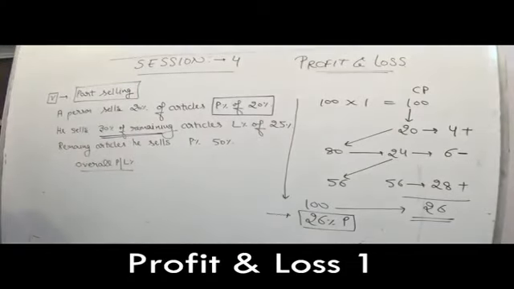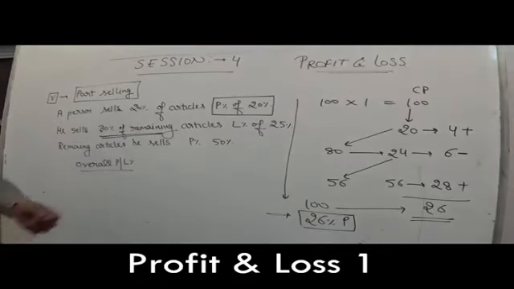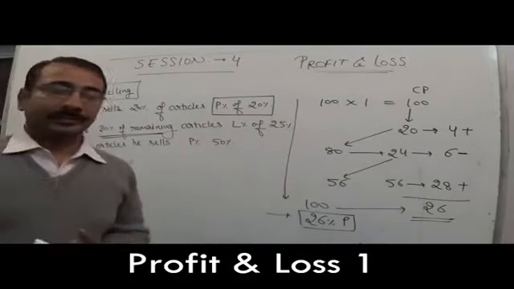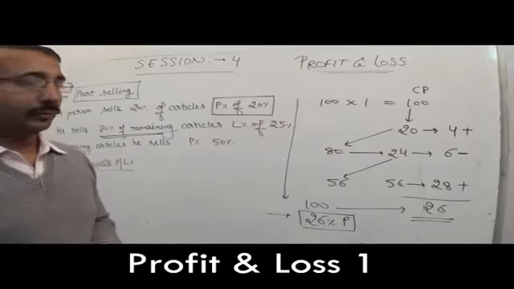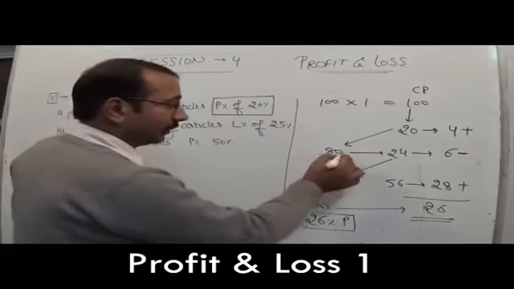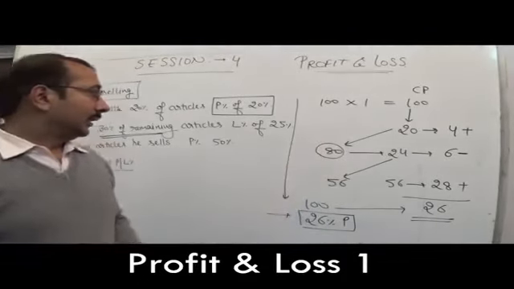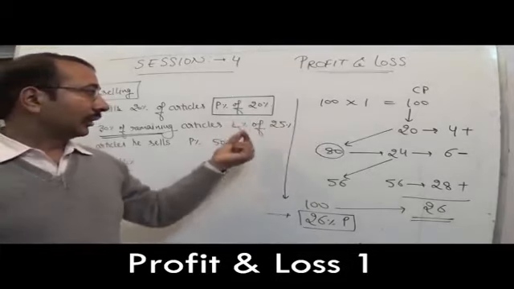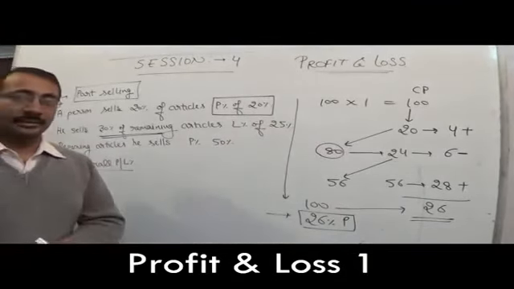Try to understand it again. What I have done in this question. You have 100 articles with you. 20% of the articles means 20 CP. You get a profit of 20%, so a profit of rupees 4. 30% of remaining articles: my remaining articles are 80, 30% is 24. I have got a loss of 25%, which means my loss is rupees 6.